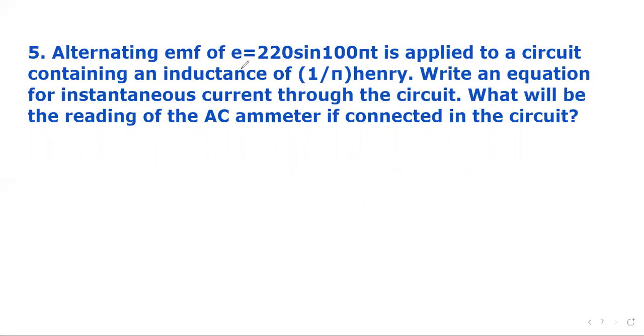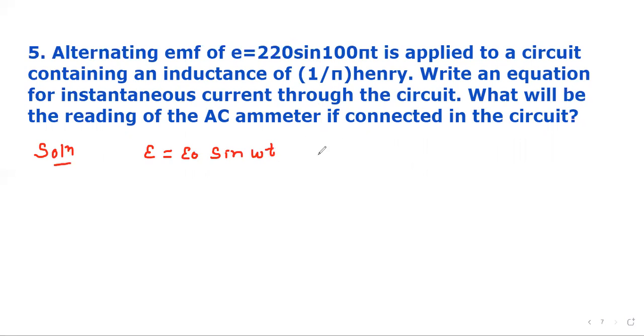Alternating EMF of E equal to 220 sine 100 pi t is applied to a circuit containing an inductor of 1 by pi Henry. Write an equation for instantaneous current through the circuit. What will be the reading of the AC ammeter if connected in the circuit? So here voltage equation is E equal to E0 sine omega t.